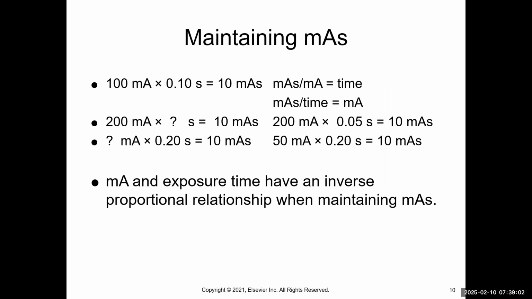So if you increase one or the other, then the other one has to do the opposite if your goal is to keep the same mass value. So that's what this statement is saying. MA and exposure time have an inverse proportional relationship when maintaining mass. So if you double MA, you would half the time to keep the same mass. That's all that's saying. Okay.